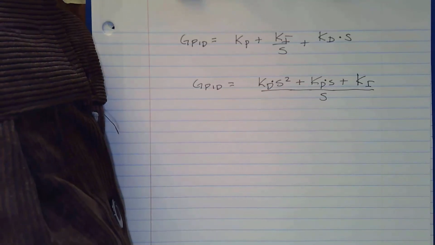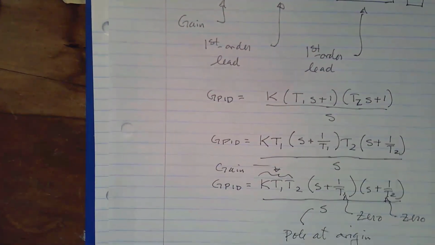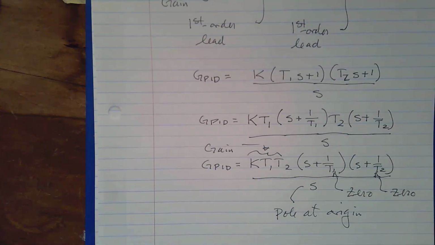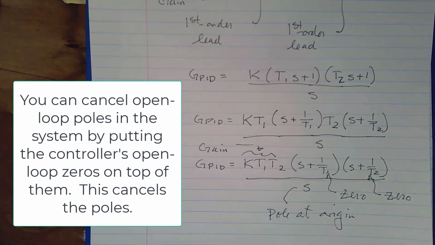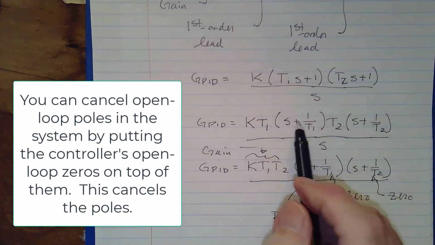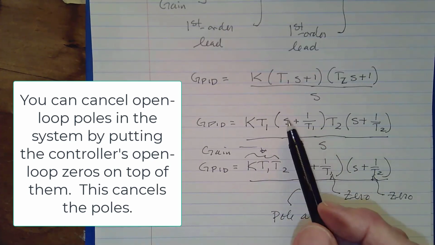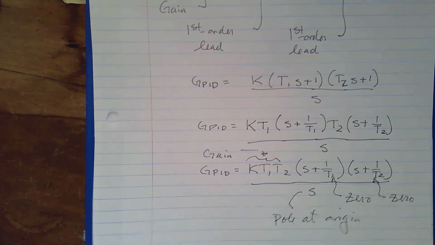What I would say about the third form that we covered is this is a nice form if you're going to do pole zero cancellation, because you can see the zeros very clearly, and if you want to cancel poles with those two zeros, it tells you exactly what T1 is going to be.